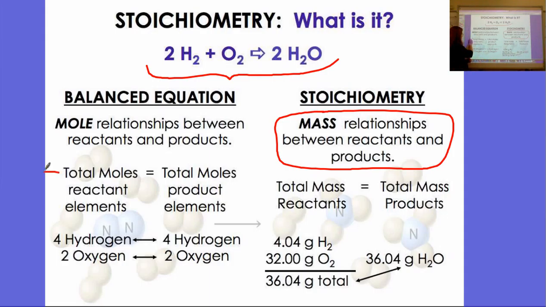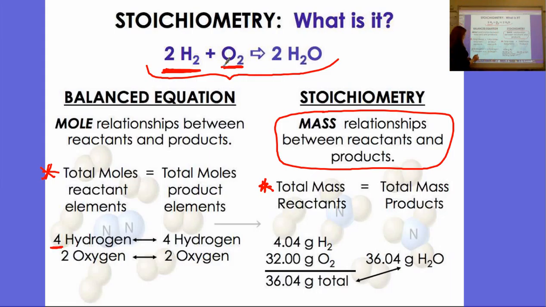Because there's a law that says the total moles of the elements in the reactants have to equal the total in the product. Same thing is true for mass. The total mass of my reactants has to equal the mass of the products. Well, how does this work? In our balanced equation, on the left side, on my reactant side, how many hydrogens do I have? 4.